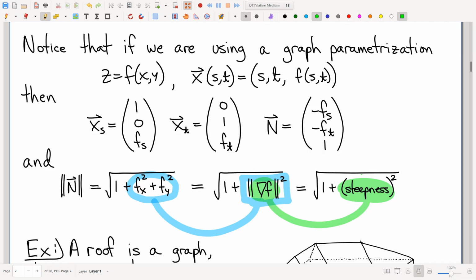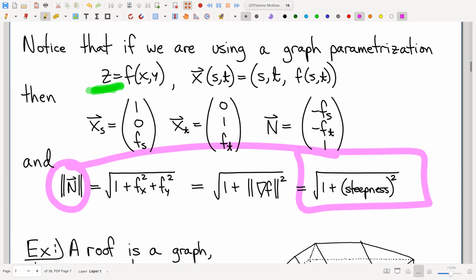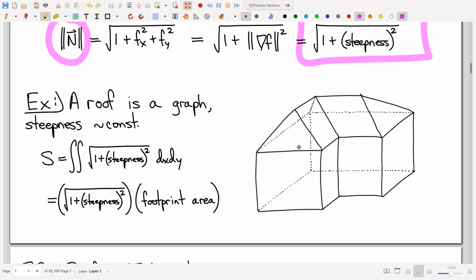Flashbacks to chapter 2. So, neat fact then, if you are looking at a graph, then your area stretching factor only depends on how steep is the graph by this particular expression. And here's a way that you can apply that.